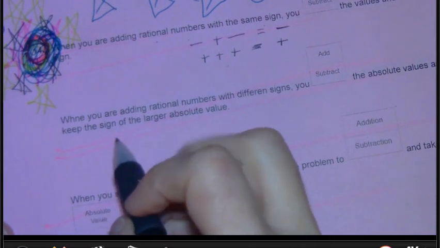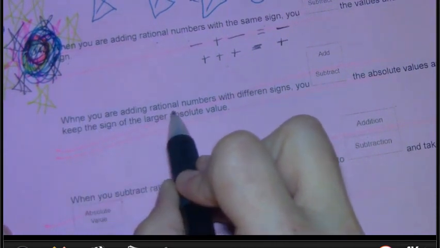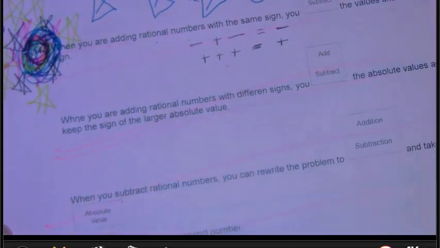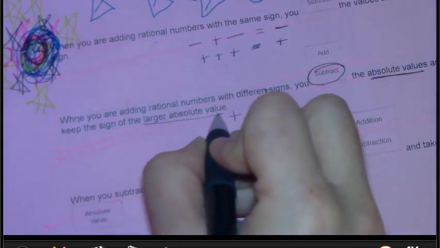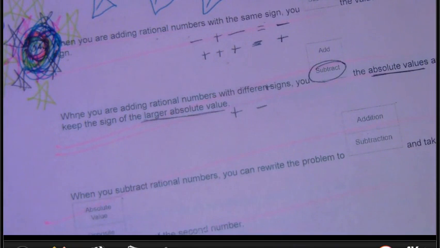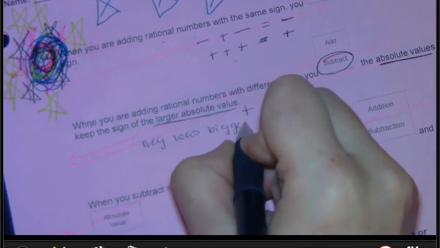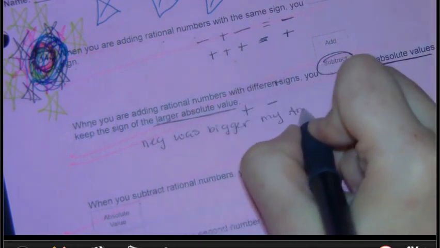But in this case, it says when you are adding rational numbers with different signs, wow, that needs to be a D, like a positive and a negative, you're going to subtract the absolute values and keep the sign of the larger absolute value. So if my negative was bigger, my answer equals negative.